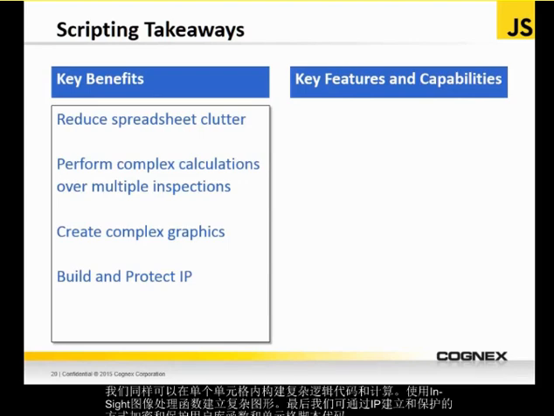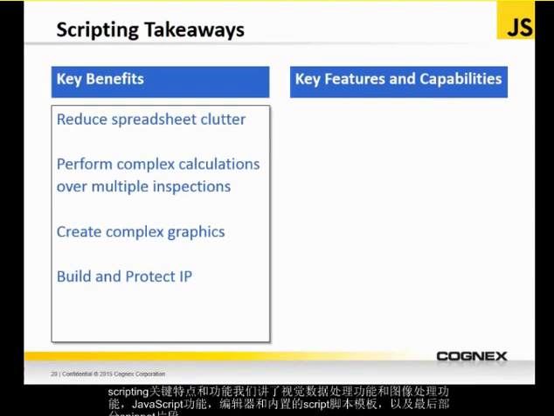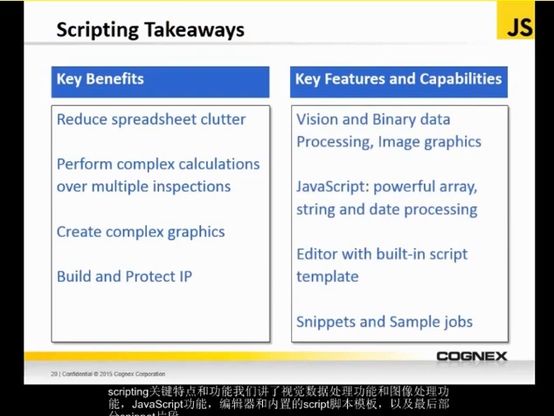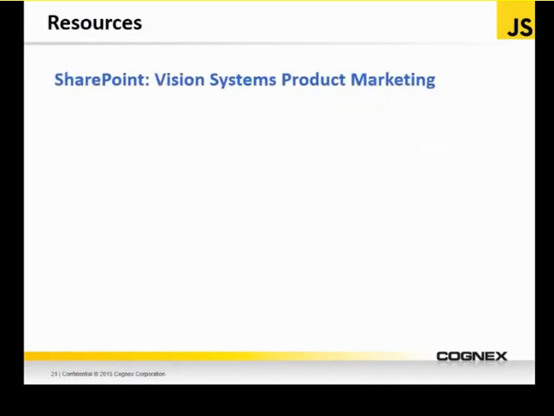And finally, we looked at building and protecting IP through the use of libraries and protecting and licensing script cells. Among some of the key features and capabilities, we touched upon the vision data processing functions and image graphics functions, the JavaScript functionality, the editor and the built-in template that comes along with the editor and the script function. And finally, we looked at some of these snippets.